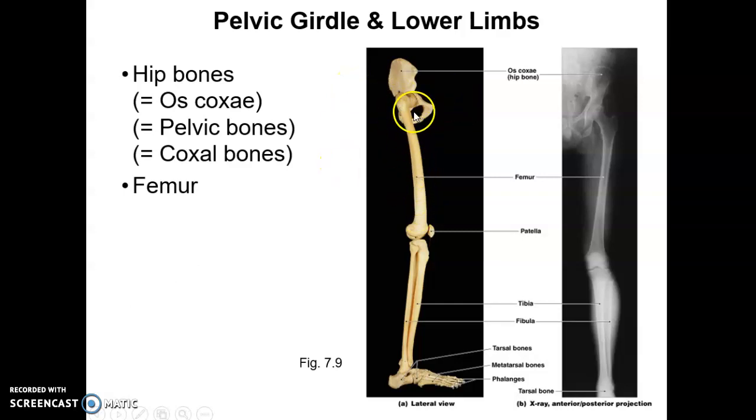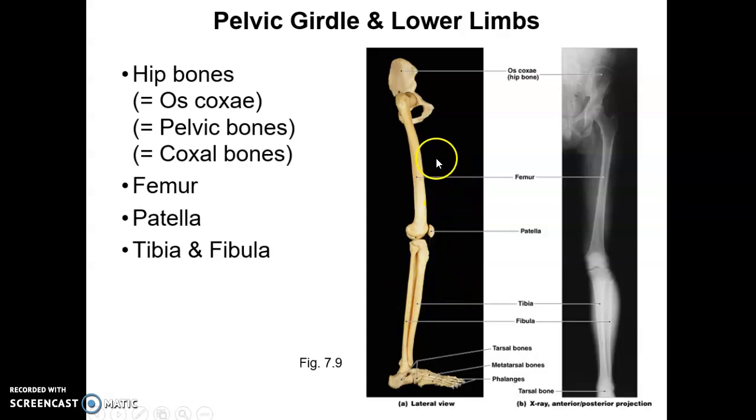The longest, heaviest bone in your body is the femur, your thigh bone. Then there's your patella or kneecap, which is a sesamoid bone. And then distally, you have the tibia and the fibula. So somewhat analogous to the upper limb where we have one humerus and the radius and the ulna.